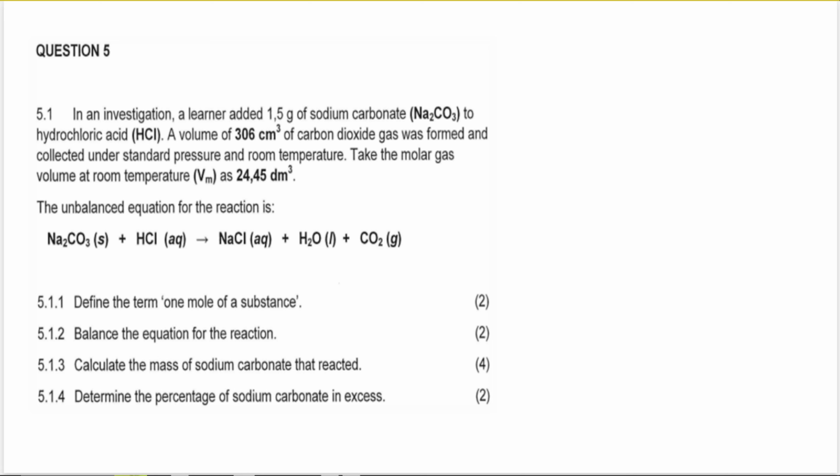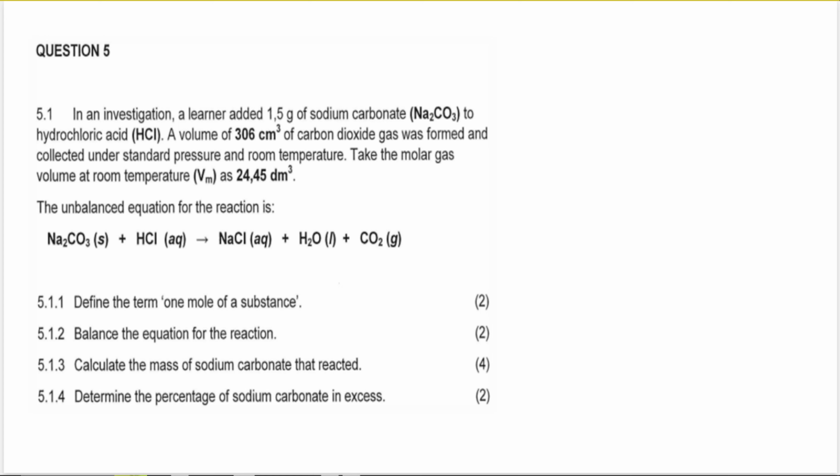A volume of 306 cubic centimeters of carbon dioxide gas was formed and collected under standard pressure and room temperature. Take the molar gas volume at room temperature as 24,45 cubic decimeters.